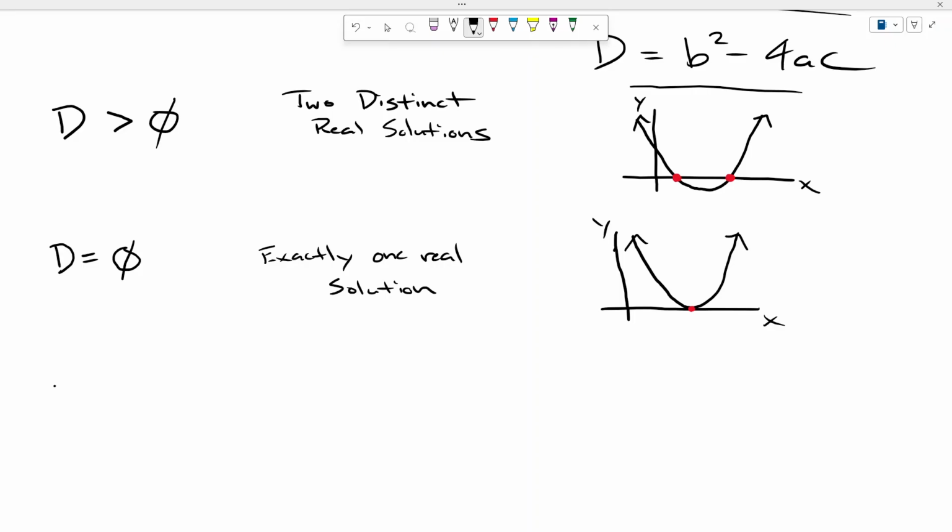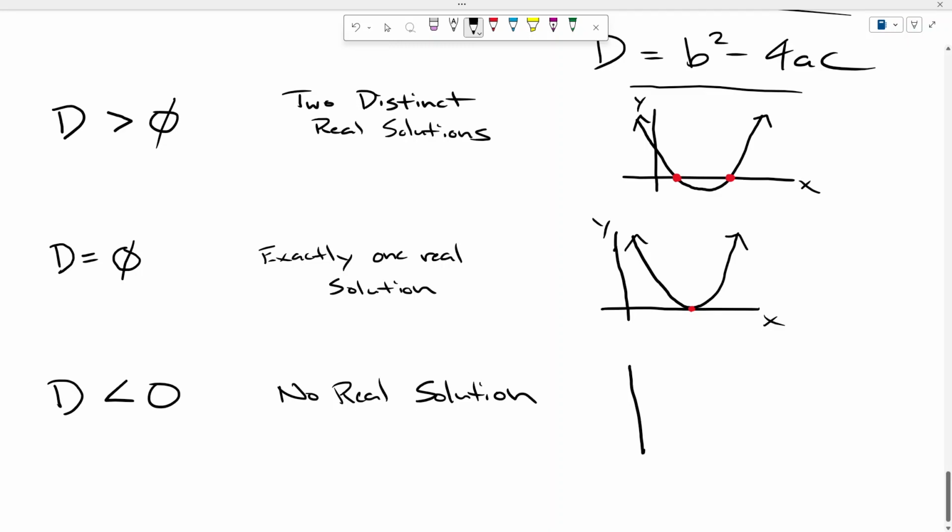And then all that's left is if D, the discriminant, is less than 0, there is no real solution. So that might look something like that.